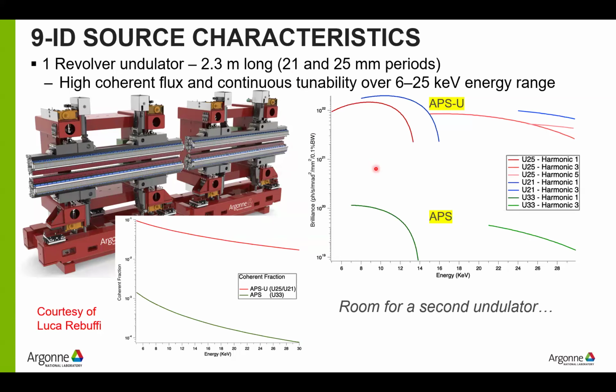And here are the spectra and the coherence fraction. You can see there's a big increase in both the brilliance and the coherent fraction compared to what was achievable with APS.